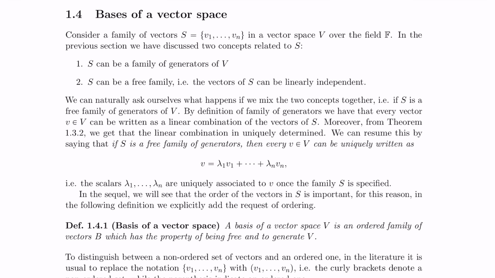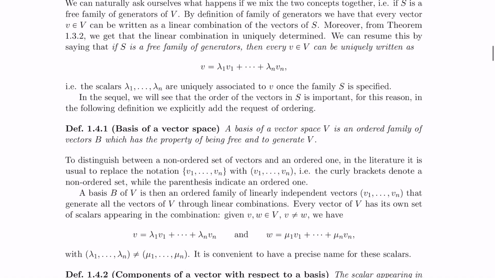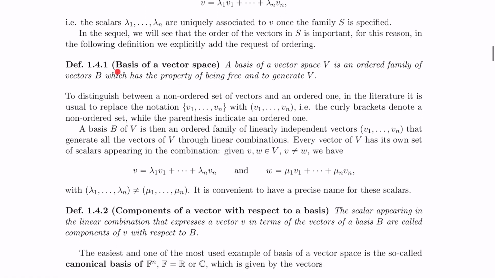For this reason, in the following definition of basis, we explicitly consider also the request of ordering. Now, the formal definition of basis of a vector space is the following.